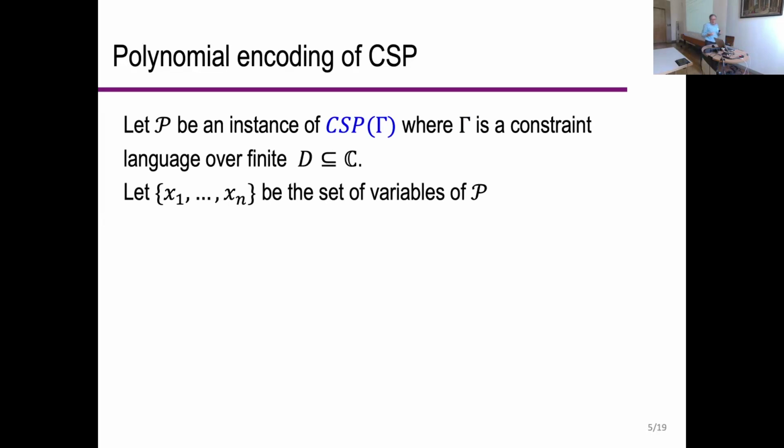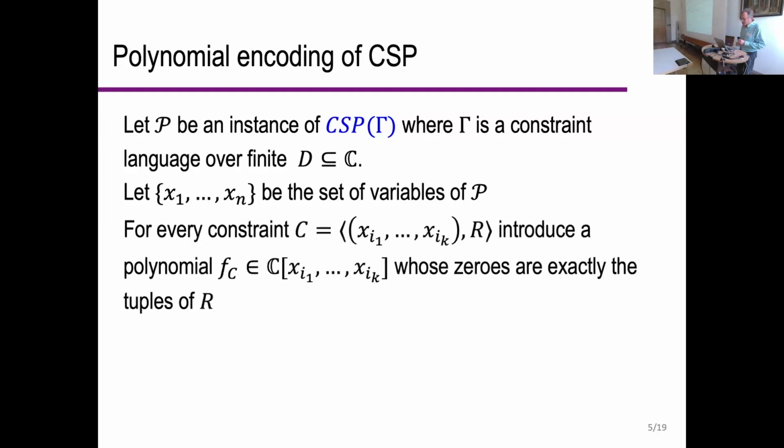It doesn't matter which set it is, so I will assume that this is actually a set of complex numbers. Why not? After all, if I have, say, a 5-element set, I can choose 5 complex numbers and just use those numbers instead of my elements. But of course, I will be a lot more careful. Okay? So I take an instance.